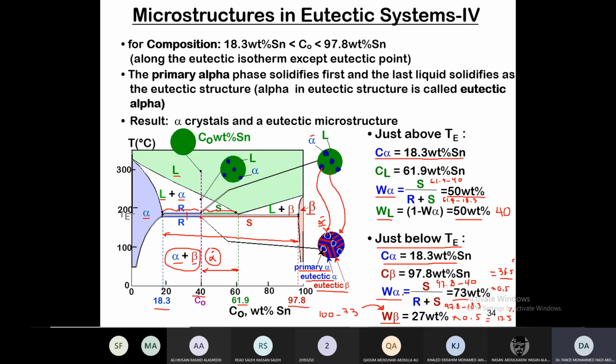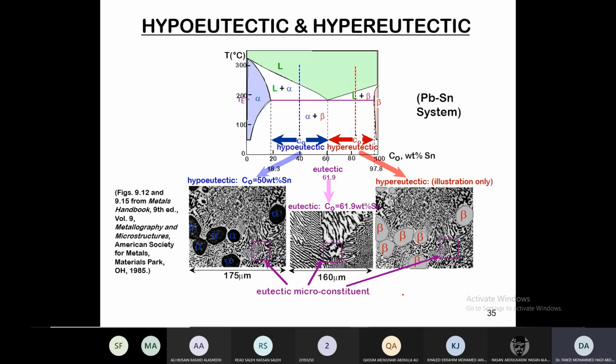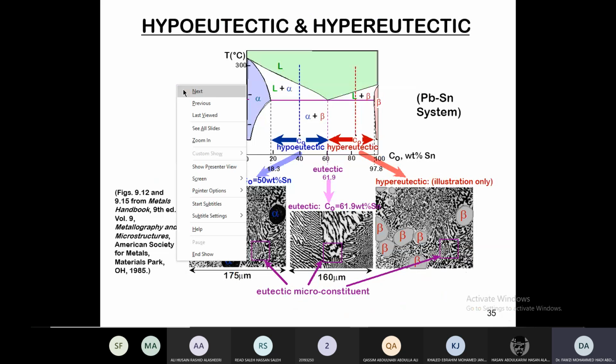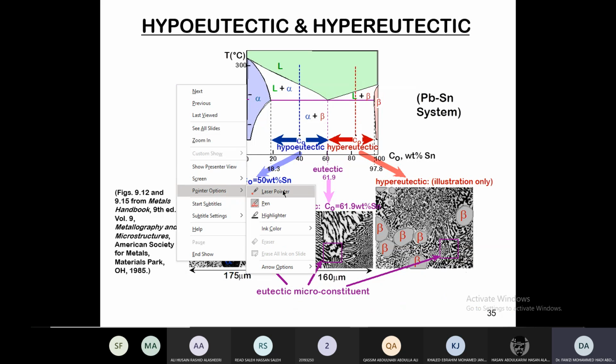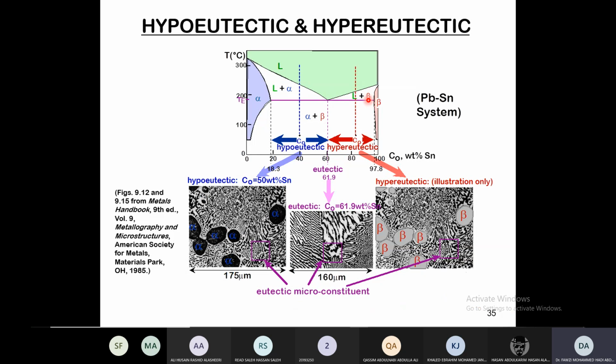Okay, if this is clear, next we are going to just look at what we have done before. This is the development of the microstructure: we have three important microstructures in the binary eutectic phase diagrams.